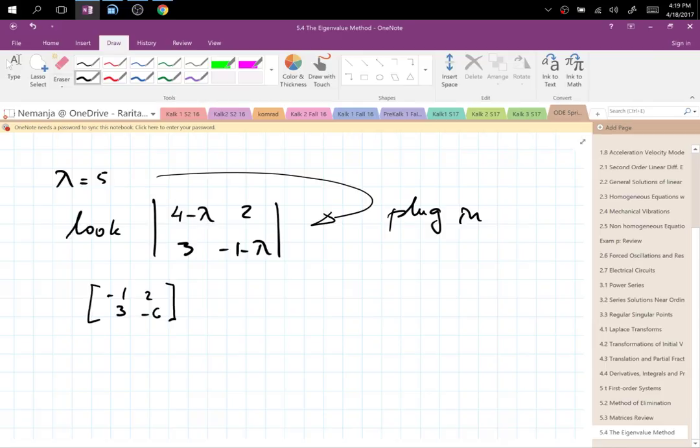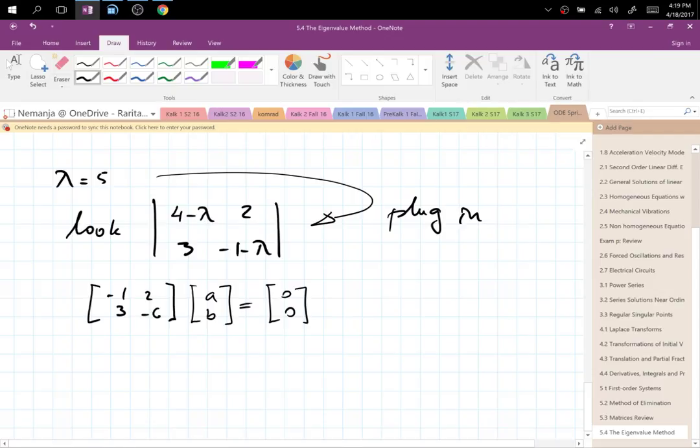Now, you want to solve this system, but there's nothing to solve because it's an underdetermined system. You have two variables, you don't have enough equations to solve it. So what you do is you ask yourself which vector, put A and B there, will get you a 0, 0 on the other end, right?